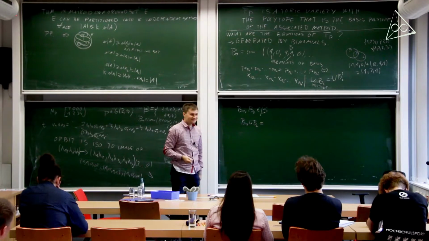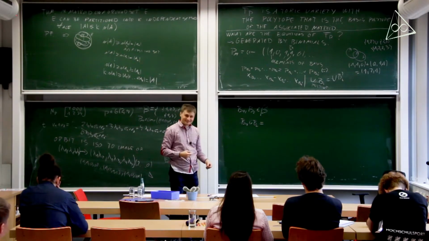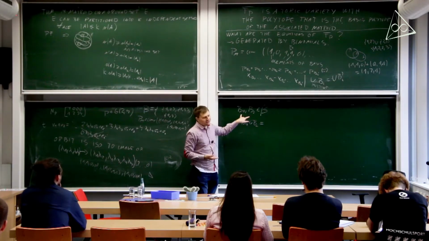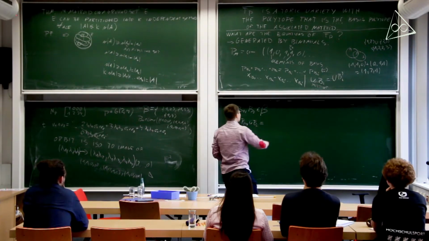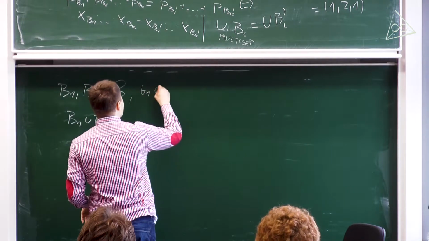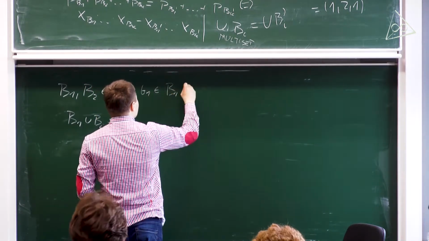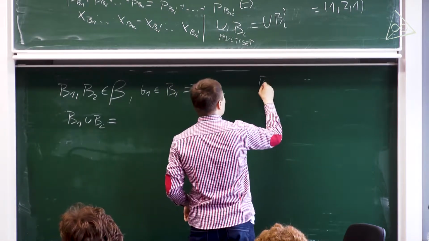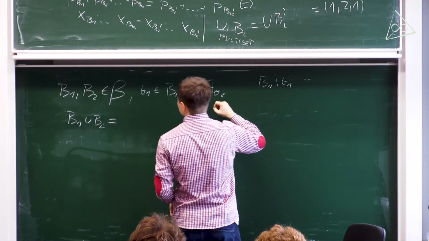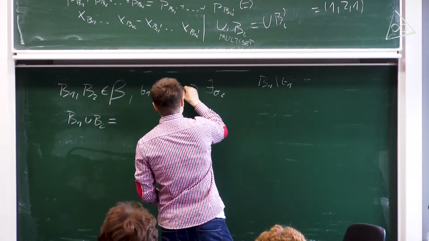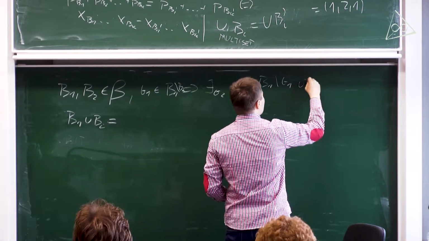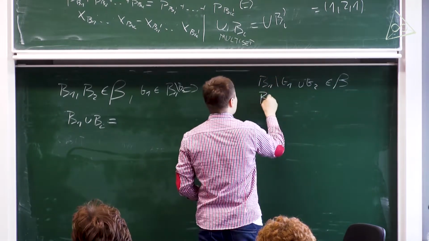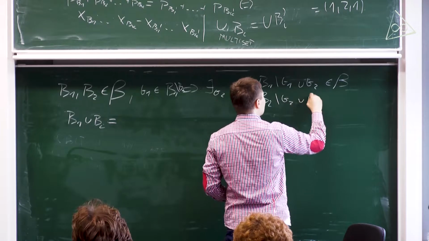Is the property like I remove an element from one and I add the other? Exactly. So one of the properties of a matroid was that if I take a B1 in B, then there exists a B2 such that I have two other bases: B1 minus B2 union... is a basis, and B2 minus B1 union... is a basis.